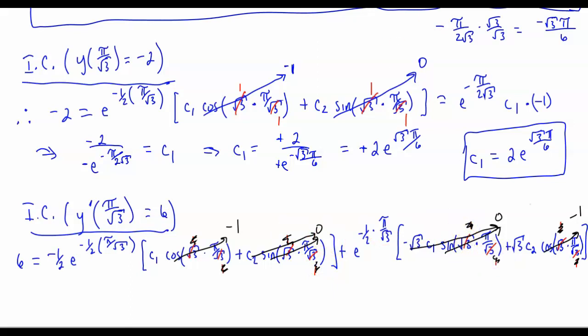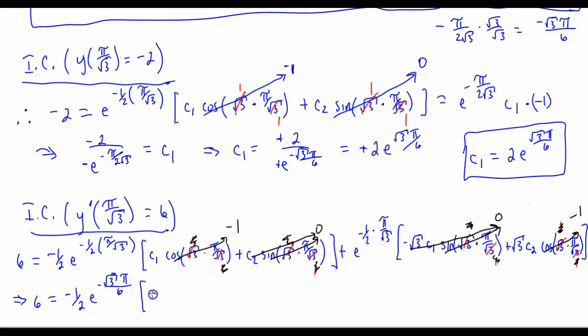Okay, so now that we have all of that, this implies that 6 is equal to -1/2 e raised to the, and I'm going to go ahead and rewrite this as square root of 3 times pi over 6. So this will be minus square root of 3 pi, all that divided by 6.